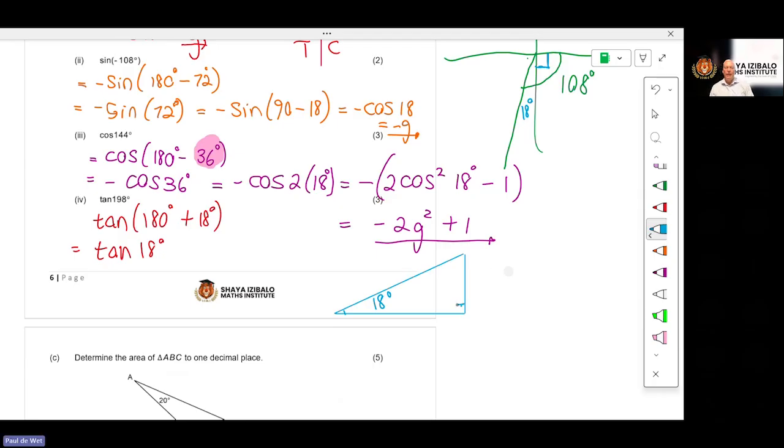Cos of 18 is g. What must I put over here? This must be g. And what must I put over here? 1. And this must be square root of 1 minus g squared. Okay, and so carry on with your final answer, which was sounding good. Well done.